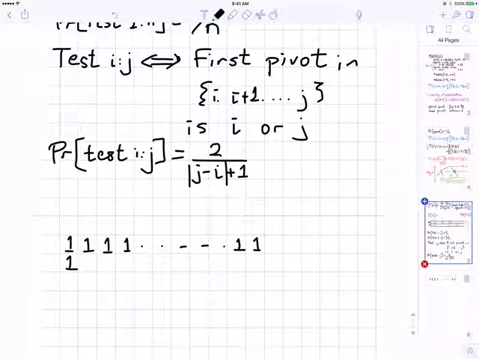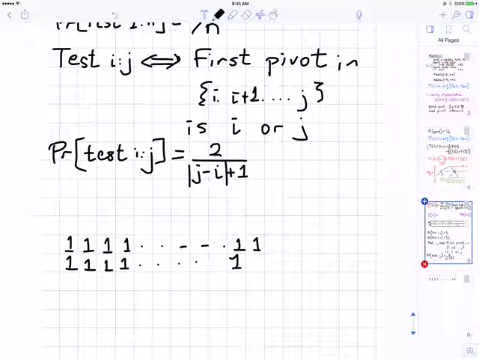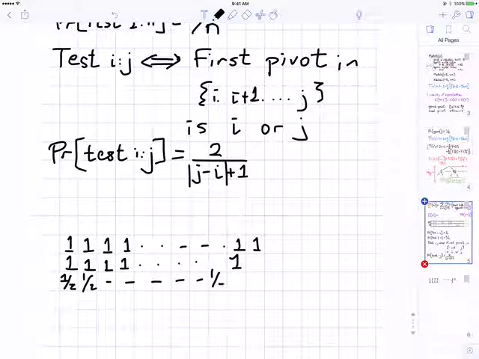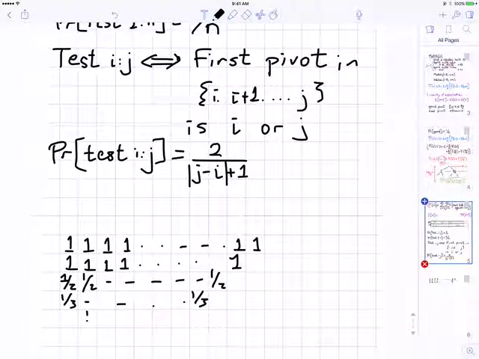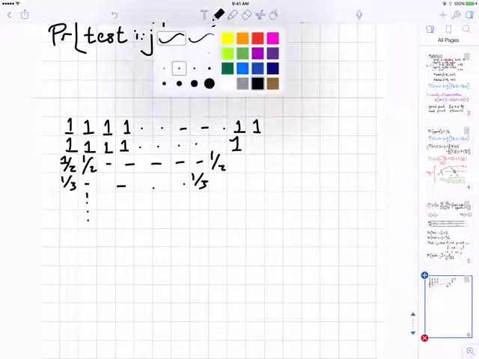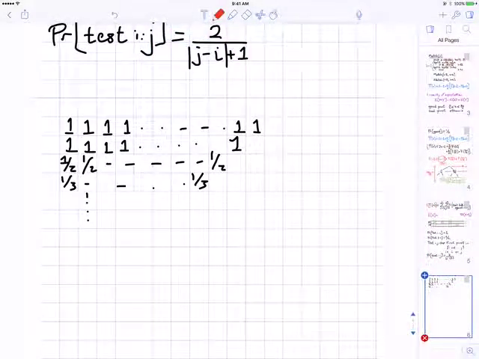So if I just consider I less than J, again, I'm going to have n minus 1 pairs where the probability is 1. And then I'm going to have n minus 2 pairs where the probability is a half. And n minus 3 pairs where the probability is a third. And so on. So I do this more formally in the notes.